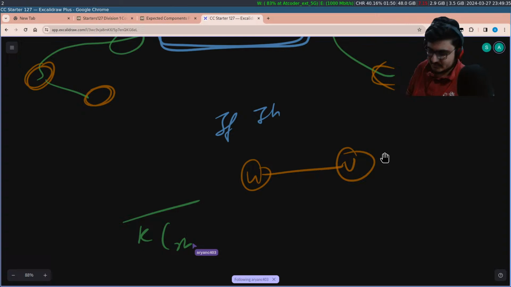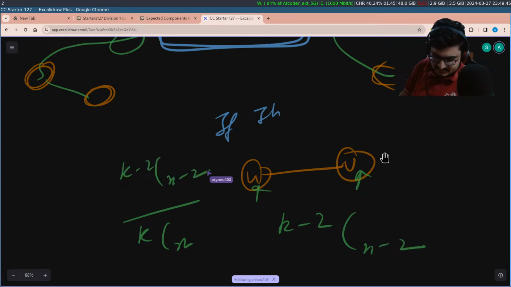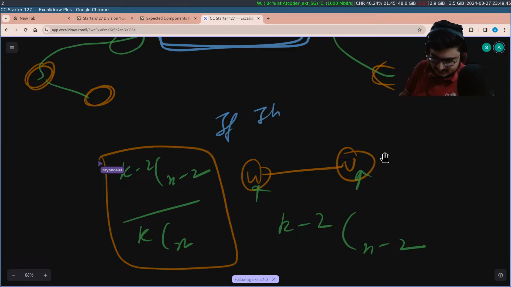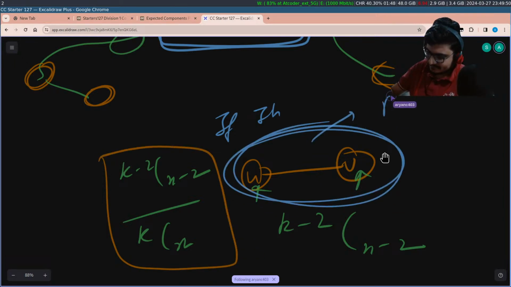And if I want to count the number of selected sets in which both u and v were present, in the remaining k minus 2 nodes, I should pick x minus 2 nodes. So this is the probability that this particular edge was deleted twice.